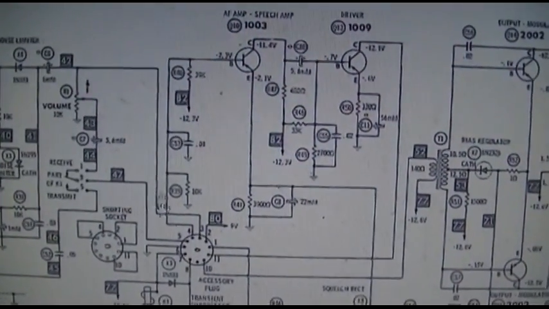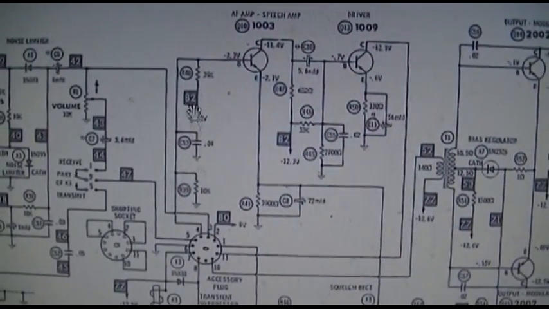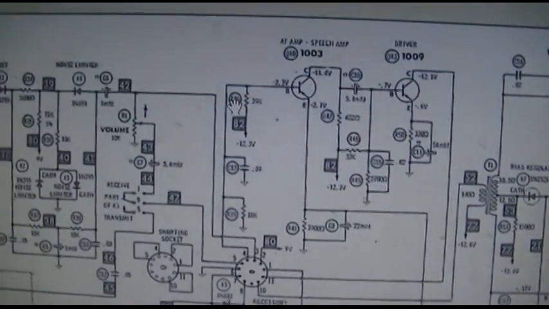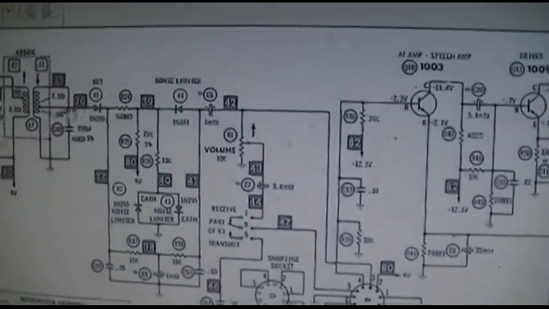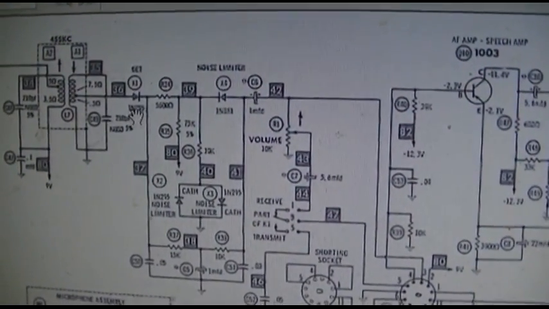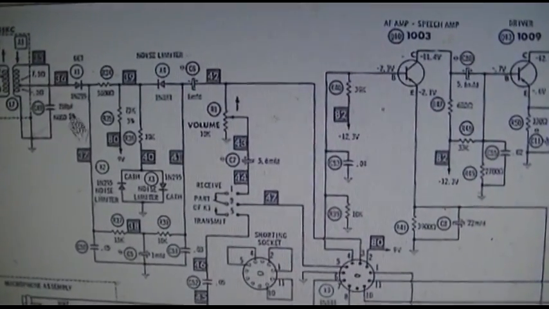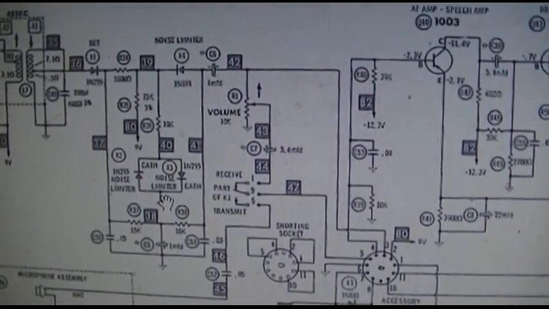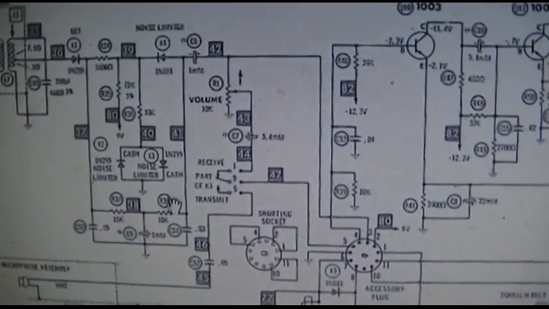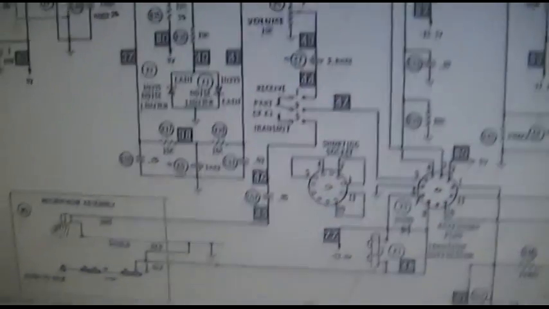I'm not going to try and figure all this out, but the mic feeds into here, and then this would be the IF out right here. It's got a detector. Actually, it's got a very fancy detector stage. Okay, here's the mic right here.